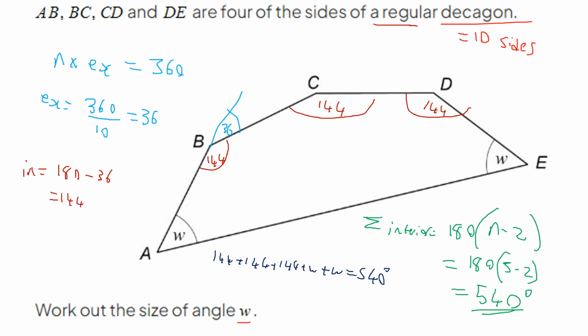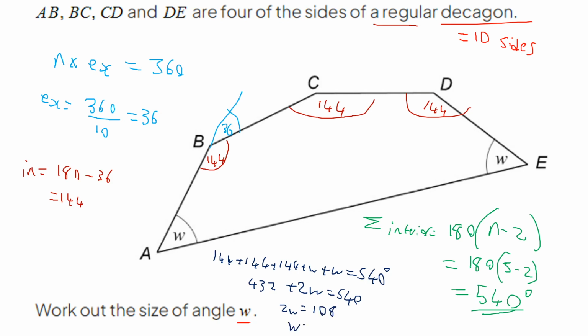So now we can collect the like terms, which is 432 plus 2w is equal to 540. We can subtract 432 from both sides. So we're left with 2w is equal to 108.